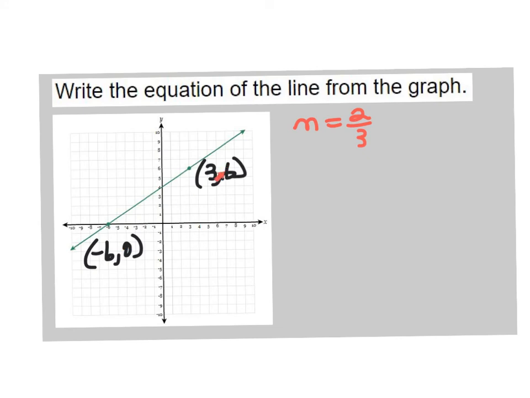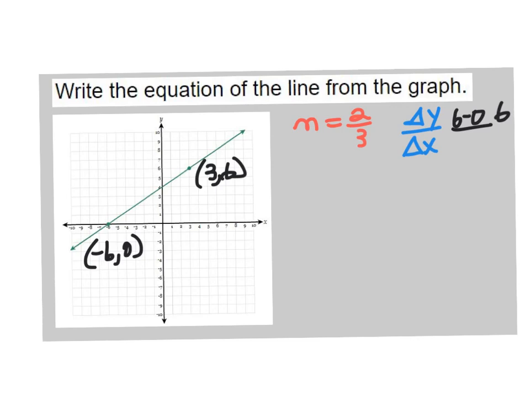Okay. Now I found that by using my points and looking at a rise over run. I could just do the change in y over the change in x. Let me go ahead and write that down. So we have the change in y over the change in x. That's where we do x2 minus x1. So we could say 6 minus 0, which equals 6, over the change in x, which would be 3 minus -6, which would be 3 plus 6.